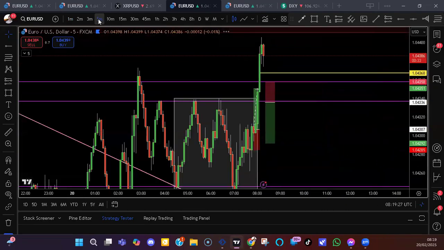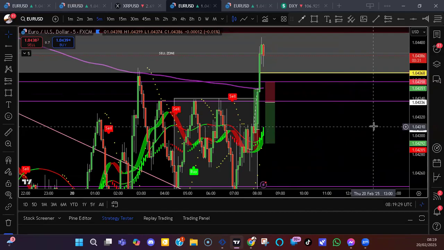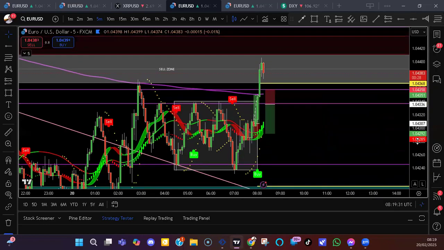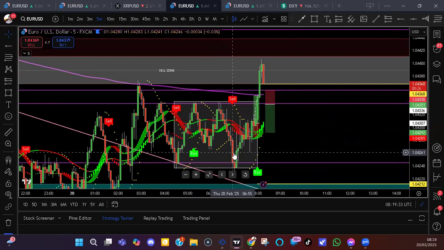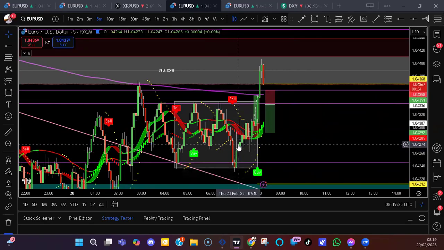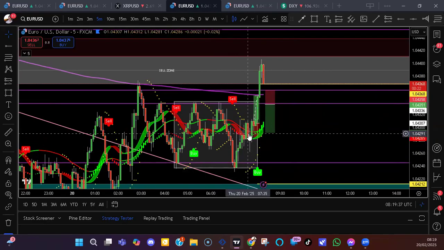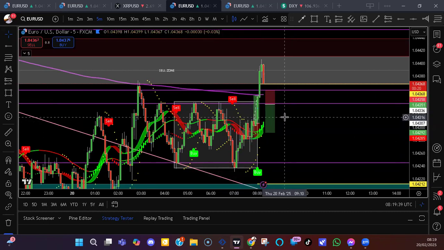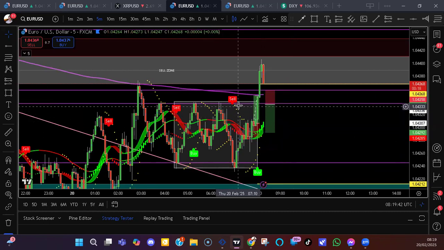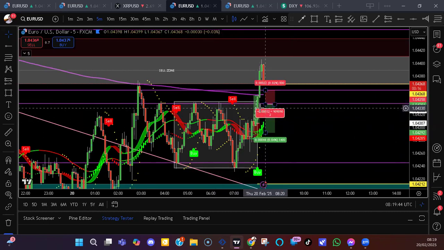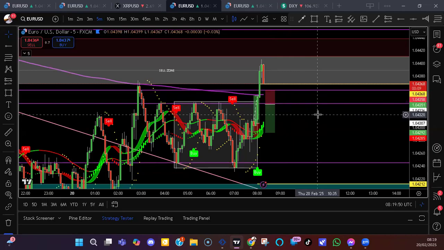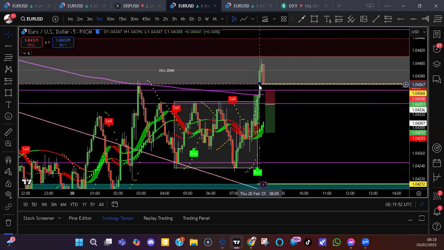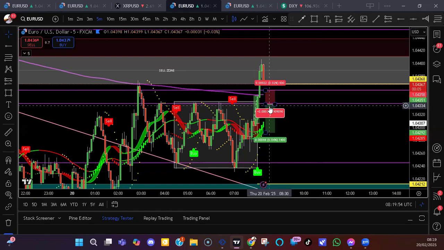Let's have a look at the 5 minute time frame. See, all these candles are not imbalanced candles because they've all been covered by these wicks. But we have got a little bit of imbalance here, but that's right near the entry. We've got imbalance here, so that's near the entry as well.